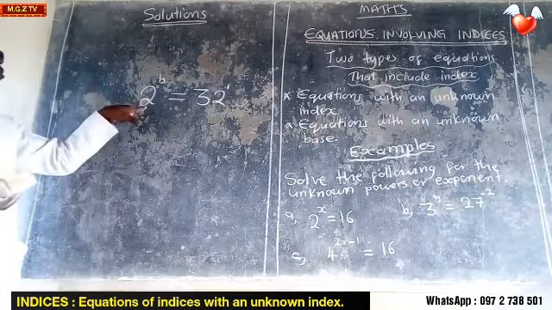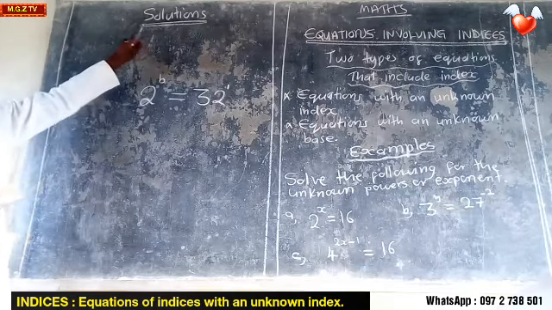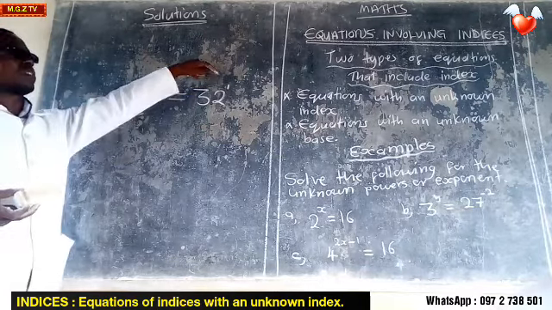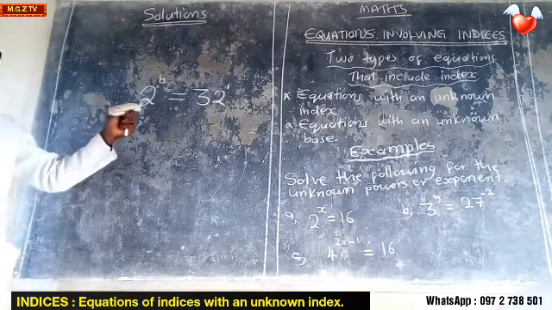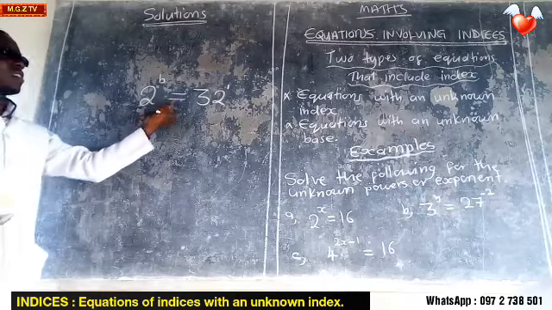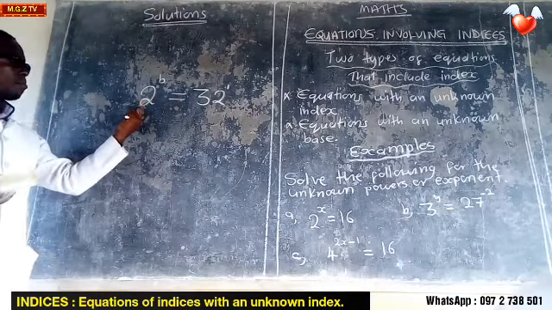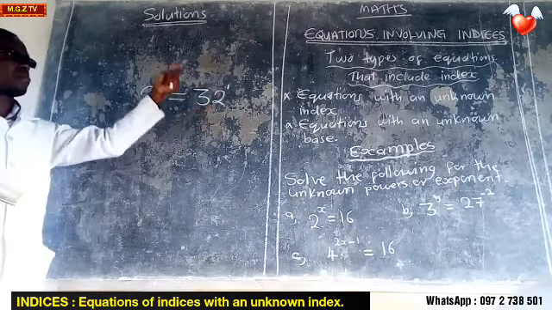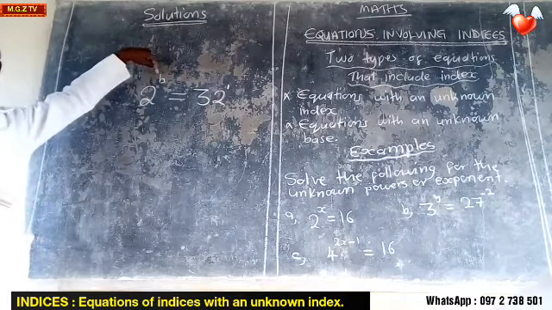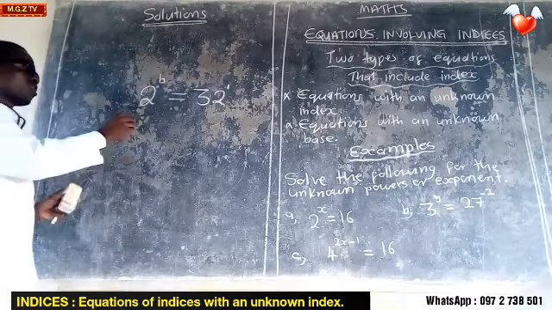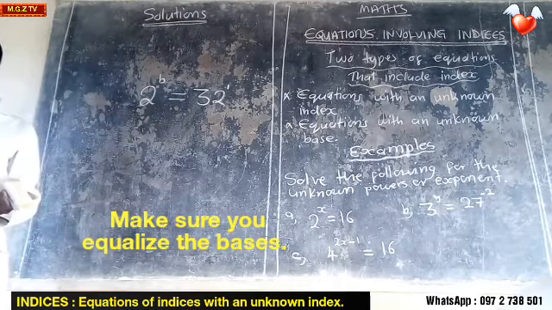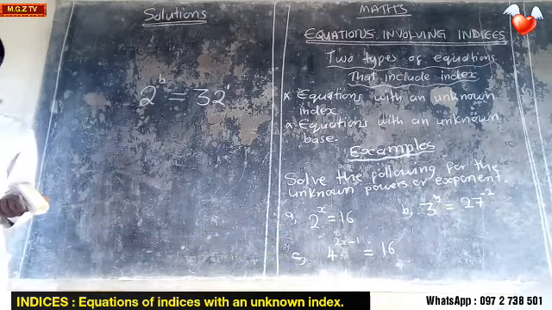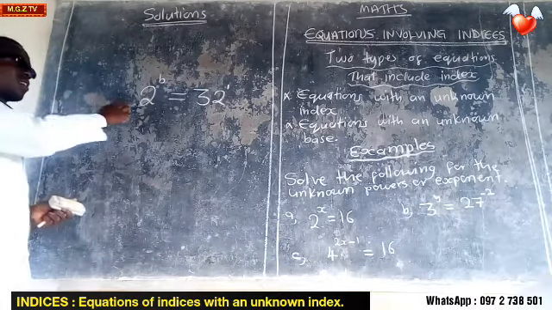So I have 2 with a power b and 32 with a power 1. Then what do I do next? Since the bases are known but the power is not known, the first step is to make sure that the bases are the same.